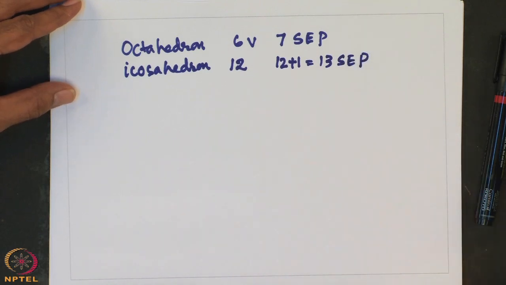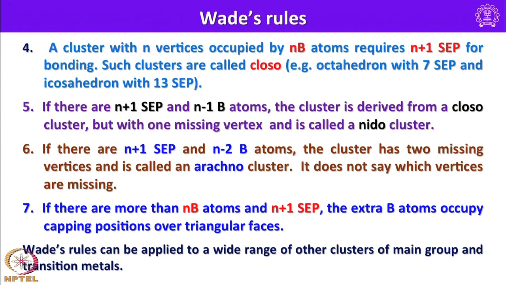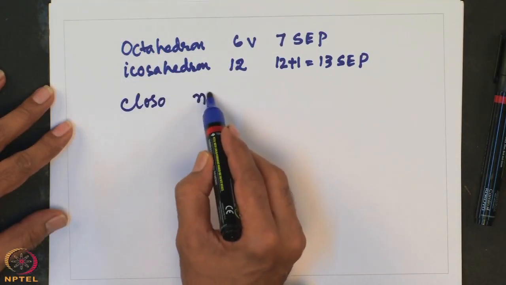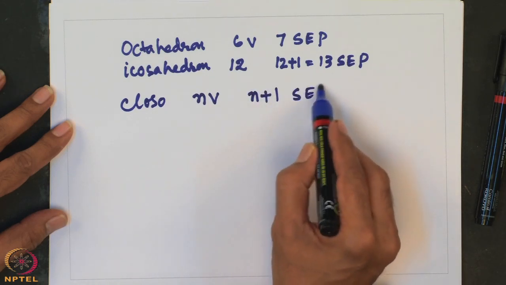This is how one should be able to decide the type of cluster. So for closo, we have n vertices and n+1 skeletal electron pairs.